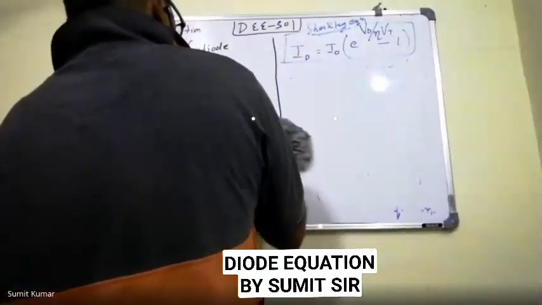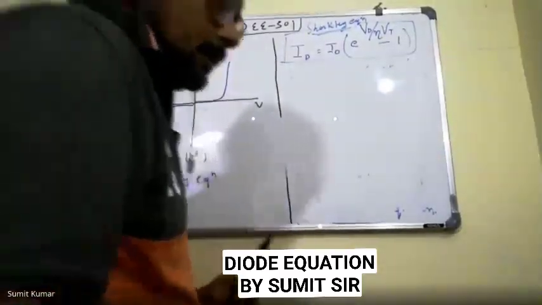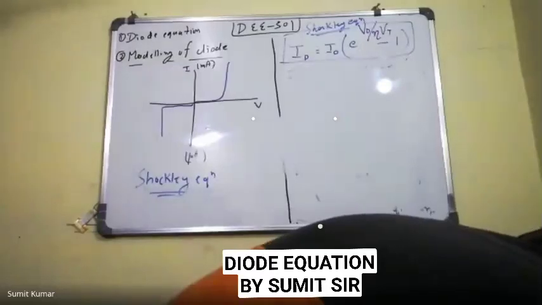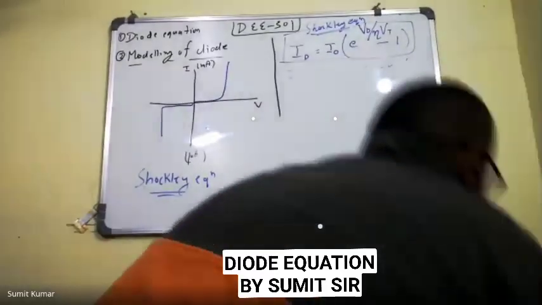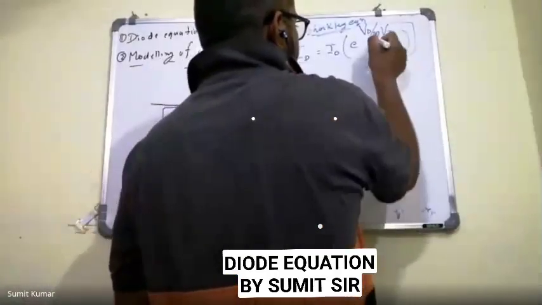Okay, so this is the diode equation, and now we will try to analyze it. One thing you can see, this is a non-linear equation. The non-linearity is here, because we know that the exponential term is in the equation.